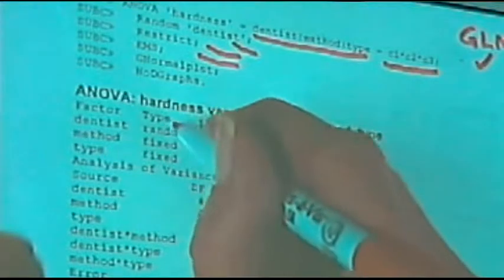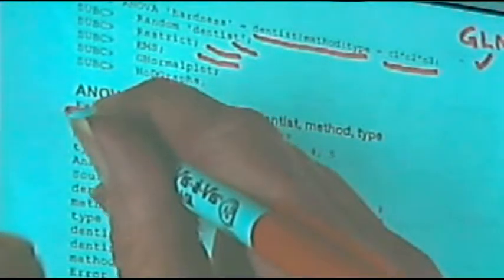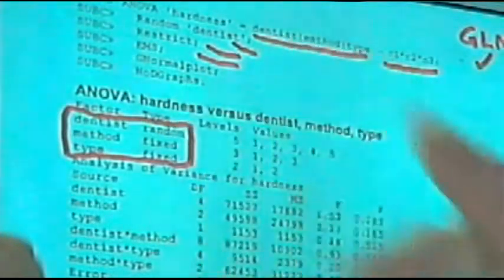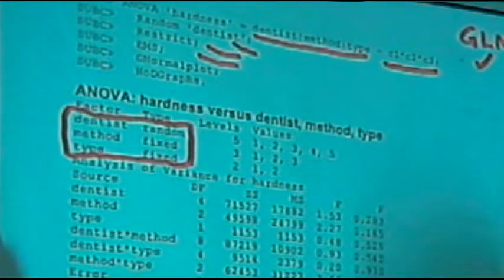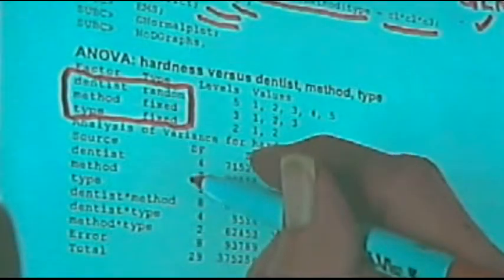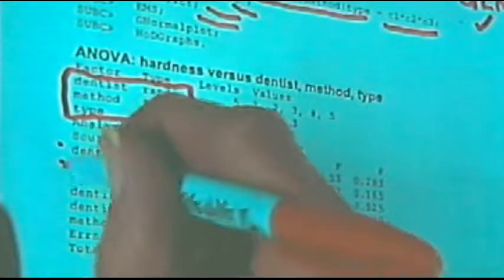Well, notice here it tells us that it's got 1 random factor and 2 fixed factors, which is what we want. So it's just kind of a double check that we can see the program is doing what we want. So then we get this ANOVA table here. Well, it's got the main effects, dentist, method, type.